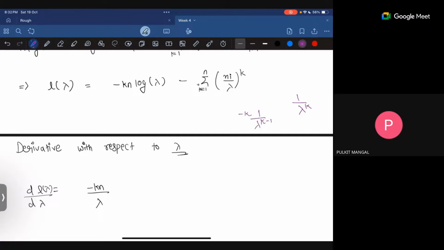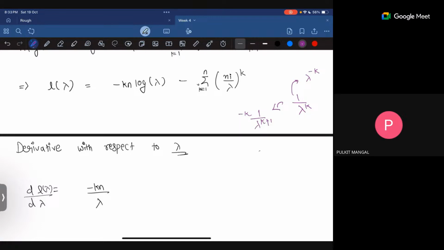Try thinking about it. Will it be k plus 1 or k minus 1? Yes, k plus 1. So I hope this derivative is clear to everyone, because you can write 1 by lambda power k as lambda power minus k, and just do the normal derivative of x power n.